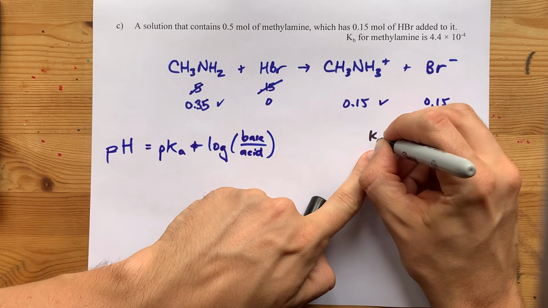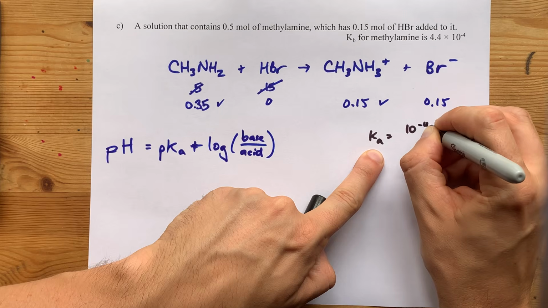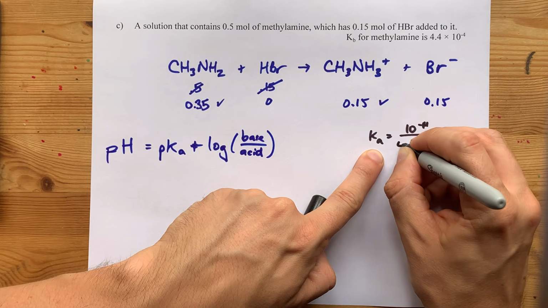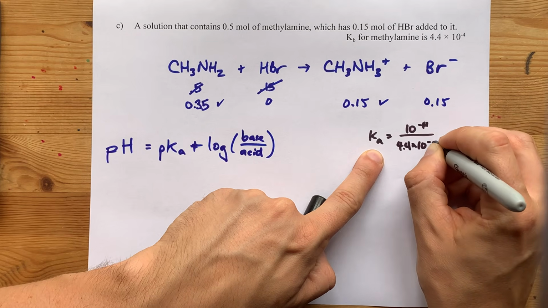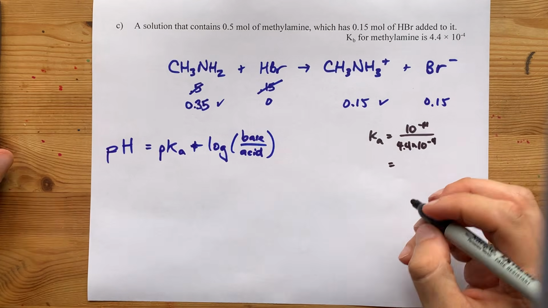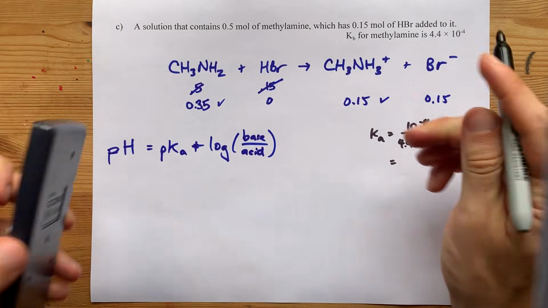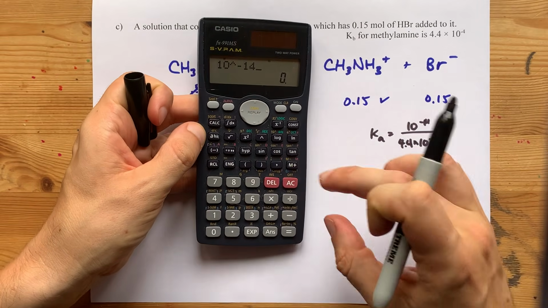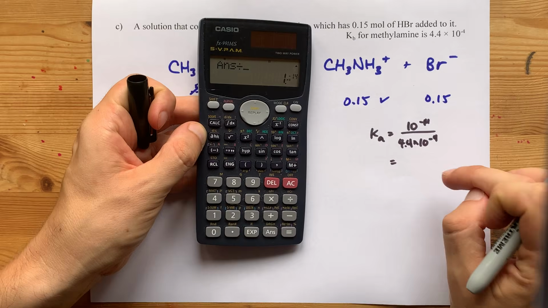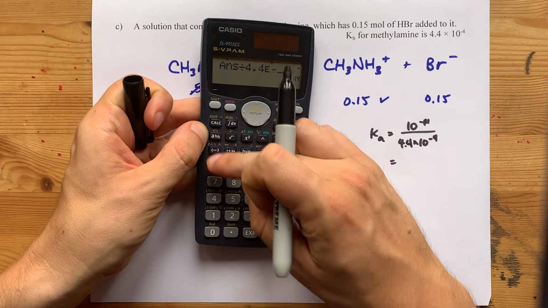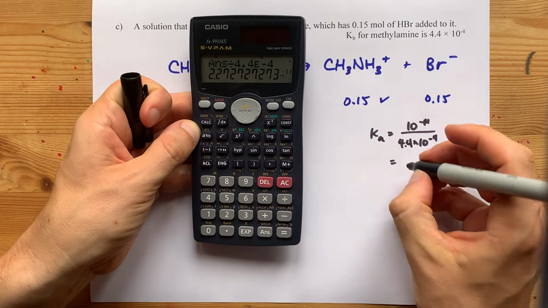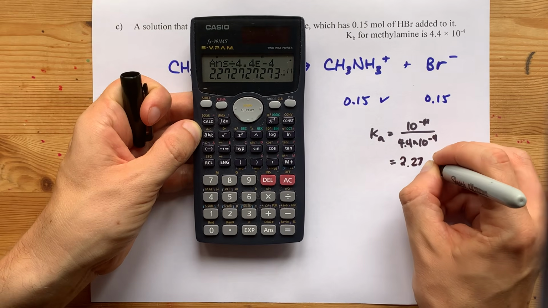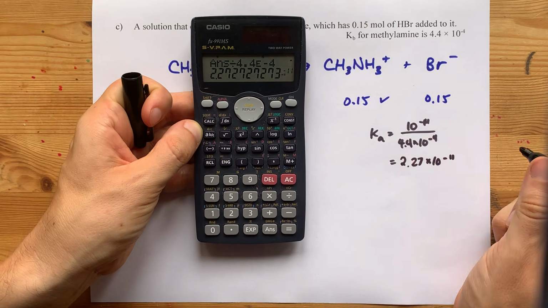I can get Ka by doing 10 to the negative 14 divided by that number. And then I can get pKa by doing the negative log of it. 10 to the power of negative 14 divided by 4.4 times 10 to the negative 4 gives me 2.27 times 10 to the negative 11.